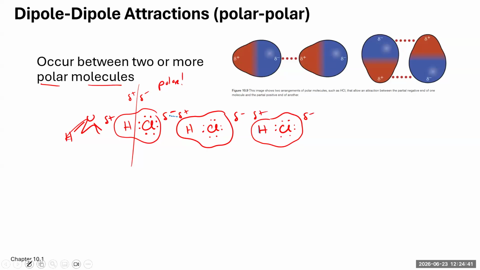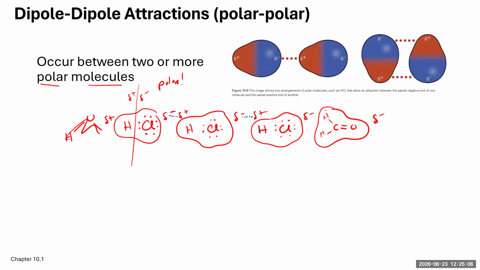But this can happen between other molecules as well. So let's say we have something like CH2O. So C, H, double bond to O, right?